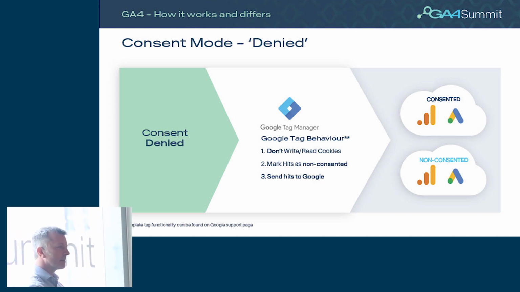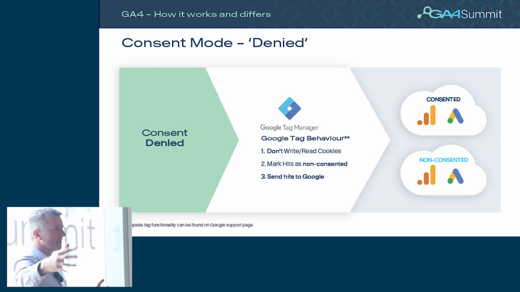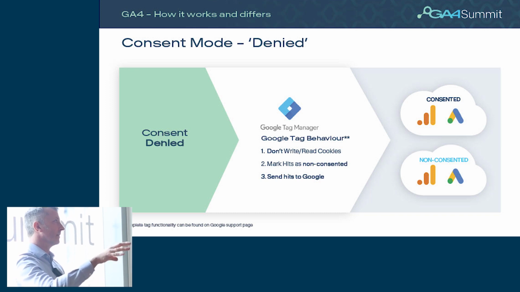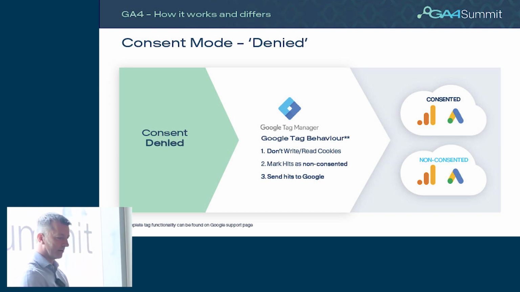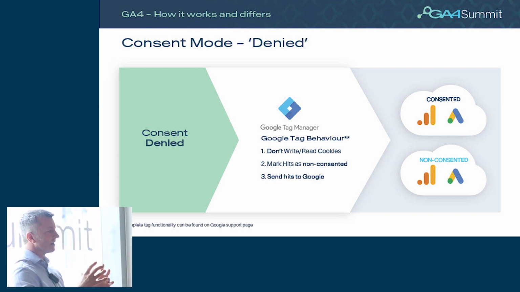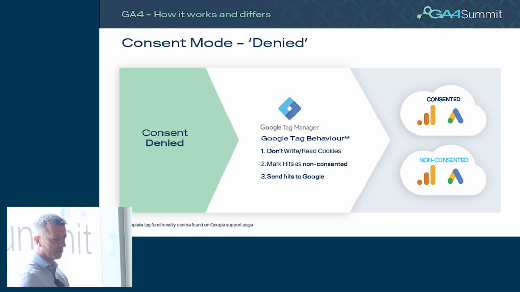And it still tracks you and still sends this data. So you're still seeing all these events. The difference is it doesn't use this ID to join people together. It just knows you've had 20 non-consented purchases and X page views and so on. And it marks those events as non-consented and stores them separately.